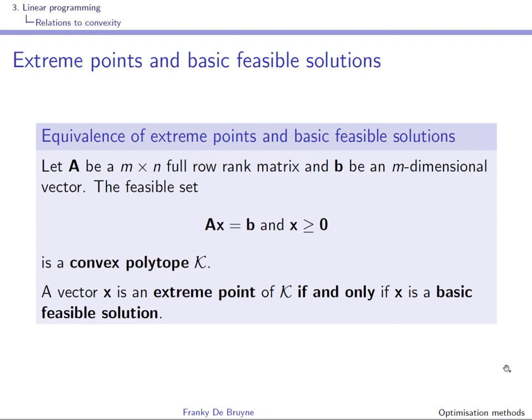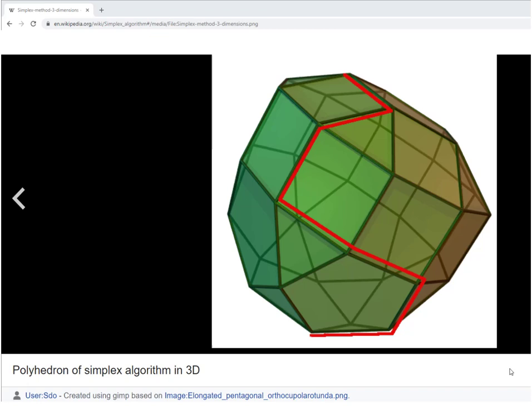This is an algebraic interpretation. The geometrical interpretation is that an optimal solution can be found in a vertex of the feasible set. What you're seeing here is a representation that comes from the Wikipedia page on the simplex algorithm.